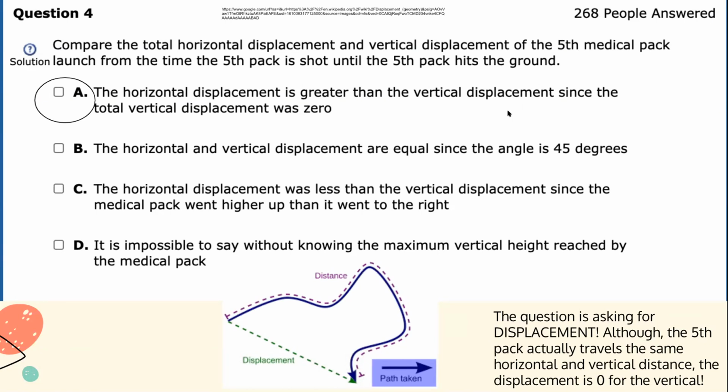So that would give you the same number, but since we're looking at displacement, the vertical displacement, as it's going up, it's going to land back down at the same height. So the displacement is actually 0 for vertical, and it will have a greater horizontal displacement. Let me know if that makes sense.